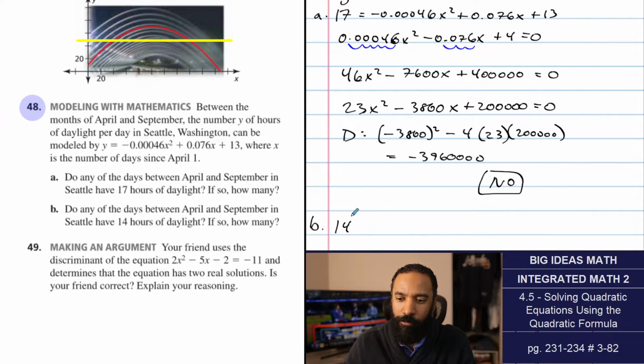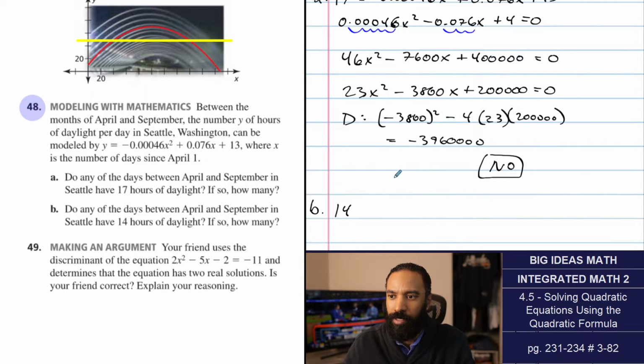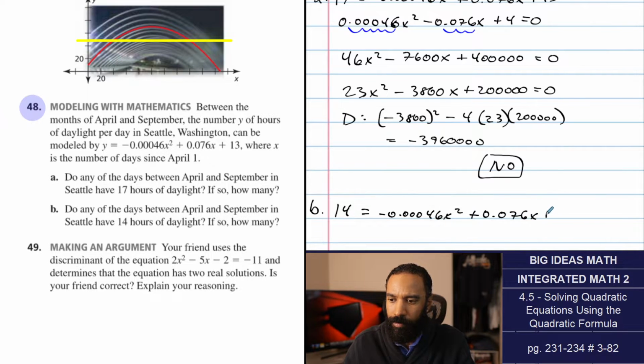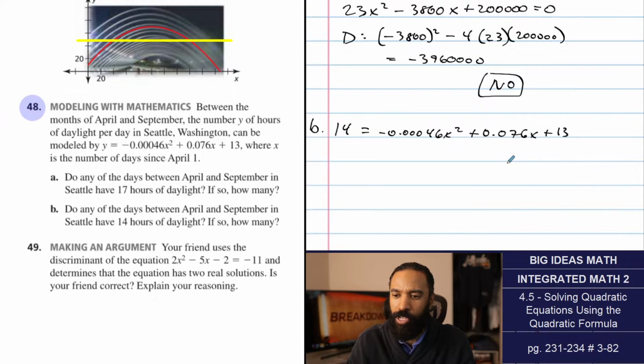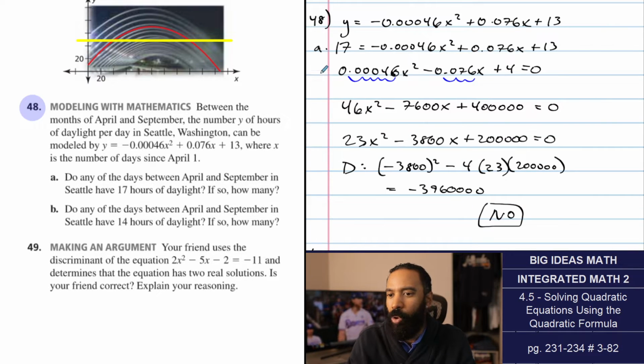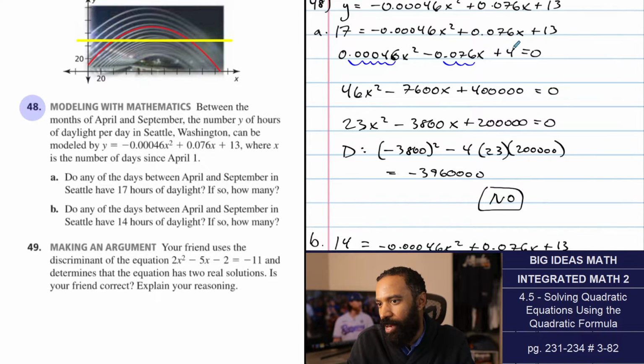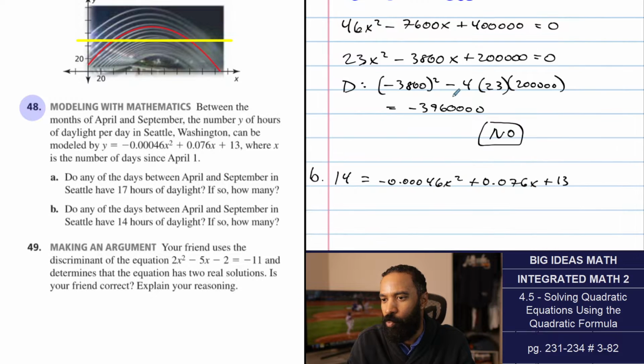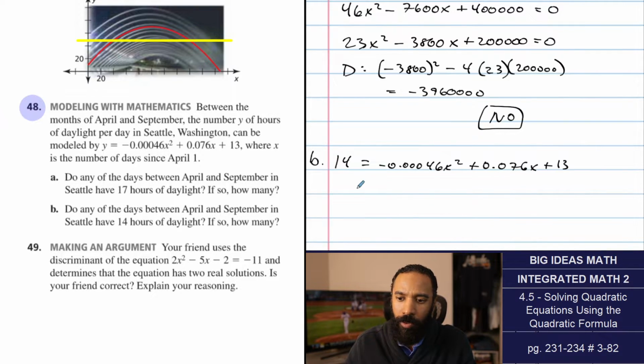But instead, this is a 14 equals that stuff. And then when you subtract 13 over, then it equals 1. So if it equals 1 instead of a 4, then this is 100,000. So we will then have, and you divide it by 2.